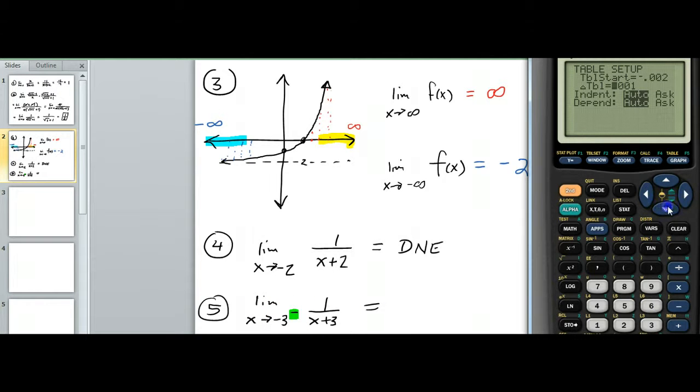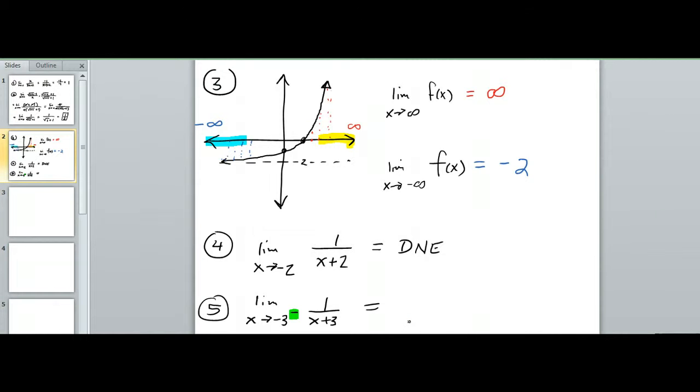So if I make my table start at negative 3, and again keep my delta table relatively small, think about it. If we are approaching negative 3 from the left, think about how the number line works. Here's negative 3, here's negative 2, here's negative 4.